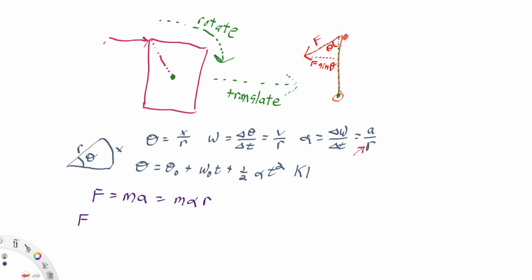Yes, the way I've drawn this here. F sine theta is for the x-axis because it is opposite the angle that we have defined as theta. And yes, it is also always going to be sine.